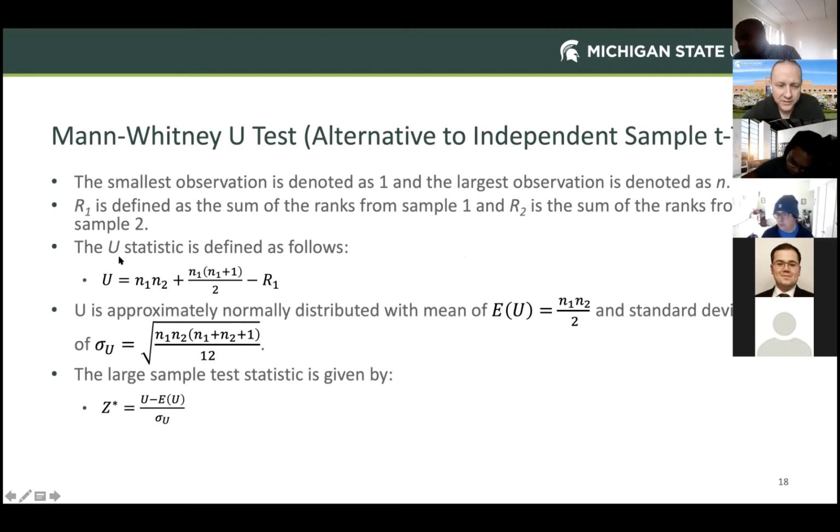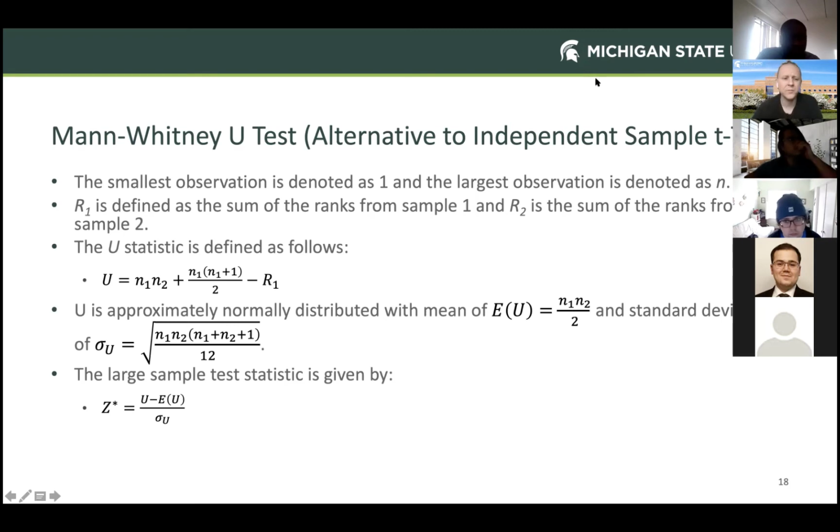And then we're calculating this U statistic and using that to assess whether or not those distributions are significantly different from one another, okay? And so the mean and variance of that U, so if we conducted repeated samples, the mean would simply be N1 times N2 over 2, where these are the sample sizes of those two samples. The standard deviation is given by this calculation right here.